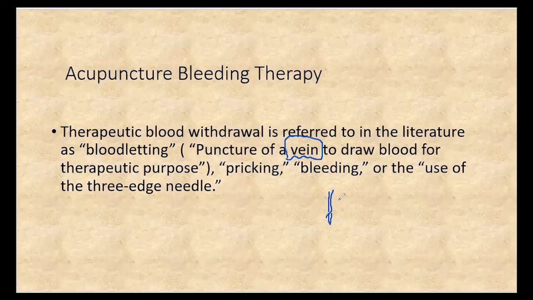And later on, when most of the stagnant blood has gone away, it will stop bleeding automatically. Even if it doesn't stop automatically, we just put a little bit of pressure there and it will stop. So that's how we use the bleeding technique.